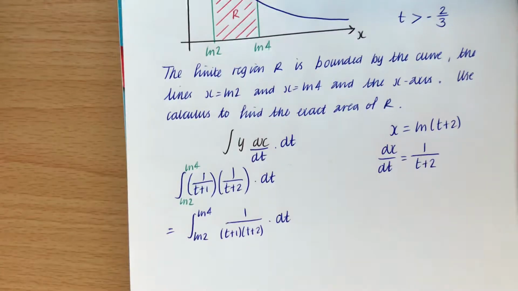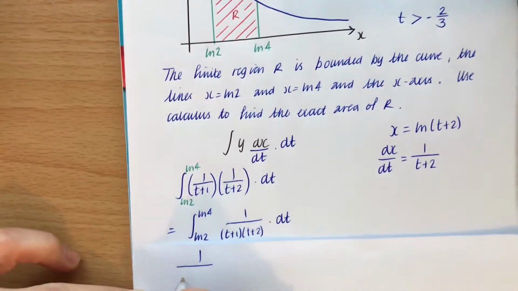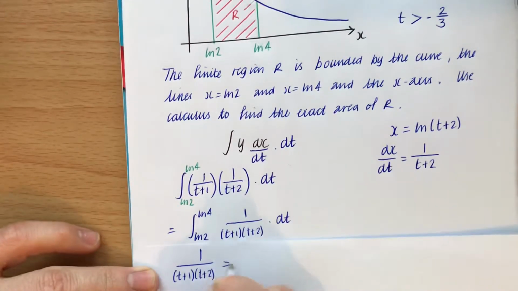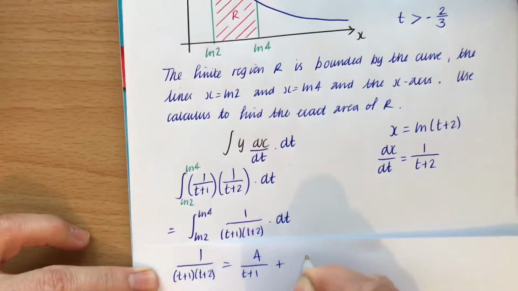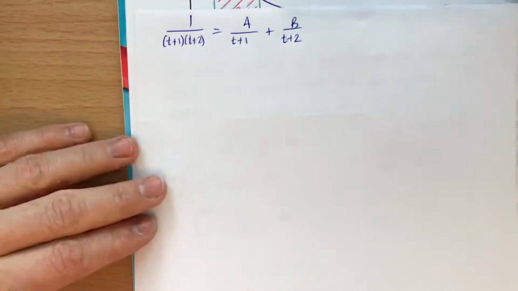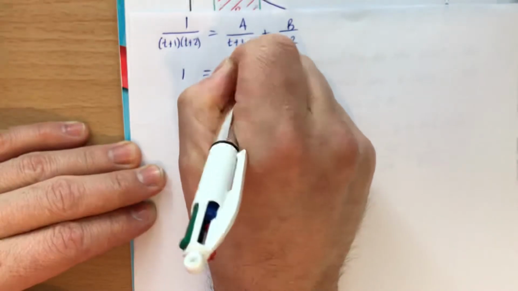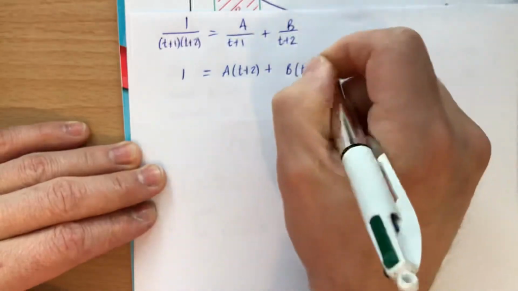So a little aside, we are going to do the partial fractions first. 1 over (t plus 1)(t plus 2) will equal something over t plus 1 plus something over t plus 2. So timesing through by (t plus 1)(t plus 2): 1 equals A(t plus 2) plus B(t plus 1).